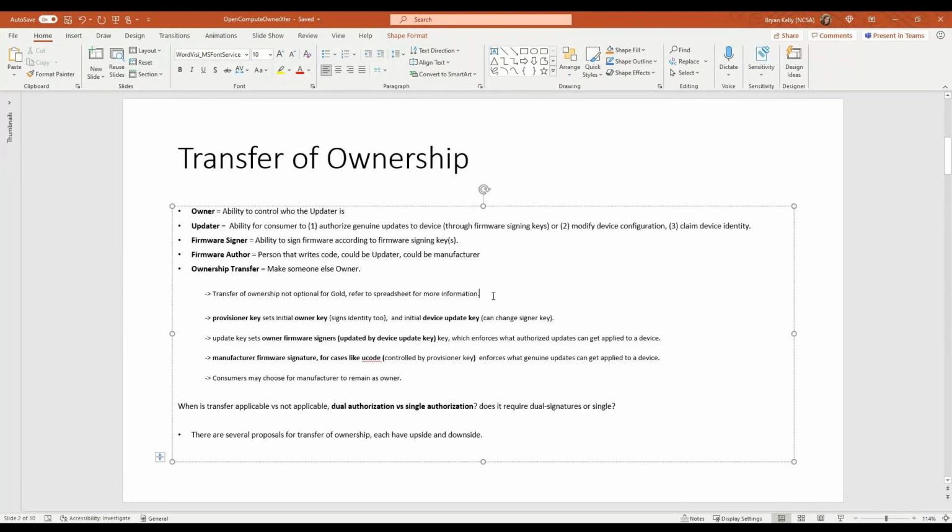But then if I never took ownership of the device, then transfer of ownership becomes trivial as well. Yeah, if you never took ownership, you would just float it out the door and somebody else can do it.